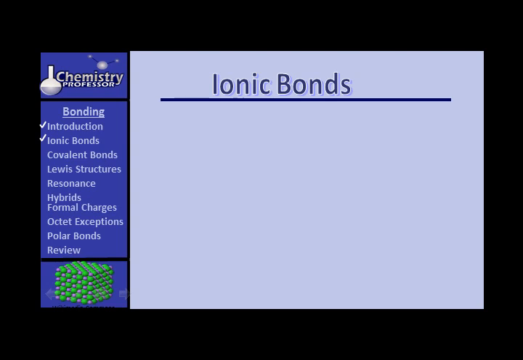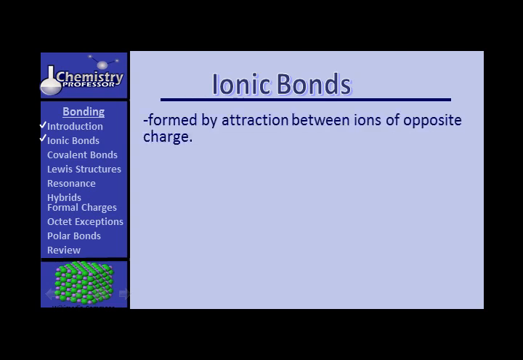When we talk about ionic bonds, we're thinking about those bonds that are formed when opposites attract, when ions of opposite charges are attracted to each other. Cations with positive charges and anions with negative charges. But let's look at it from an electronegativity standpoint.